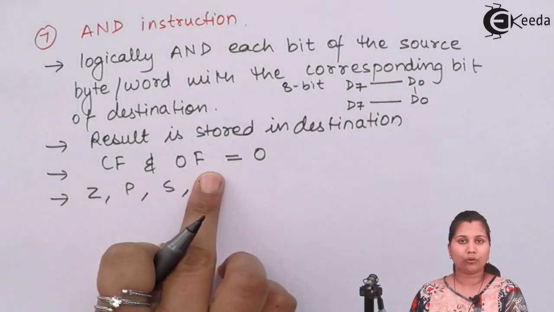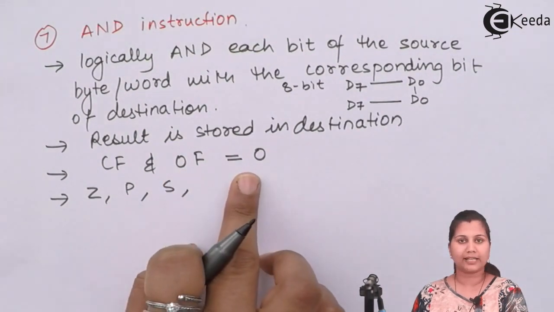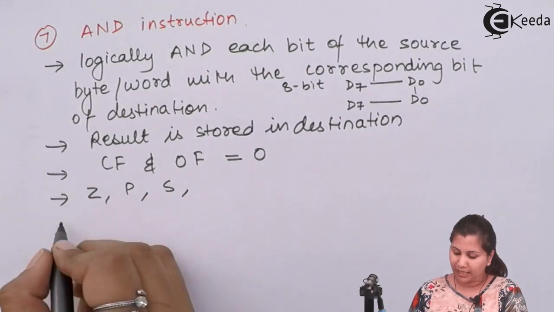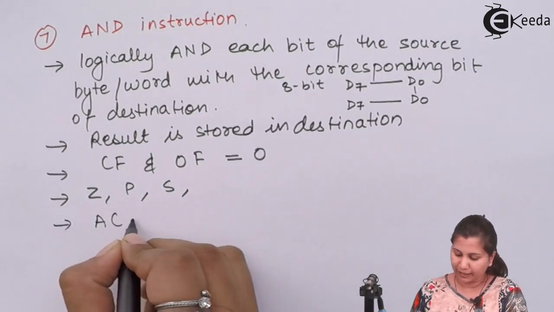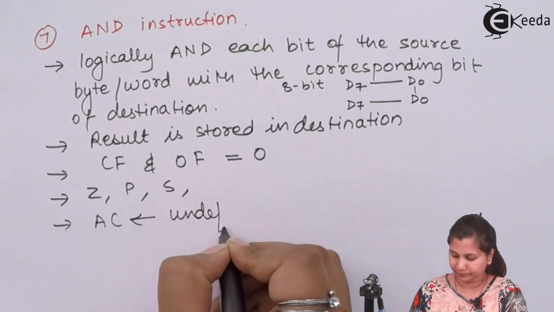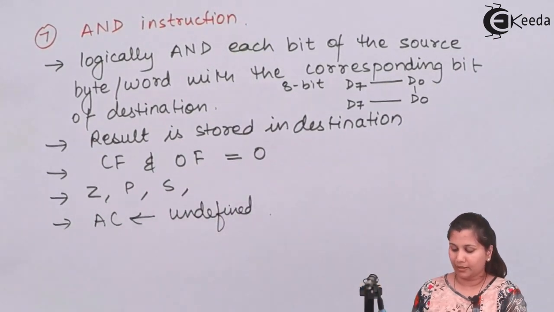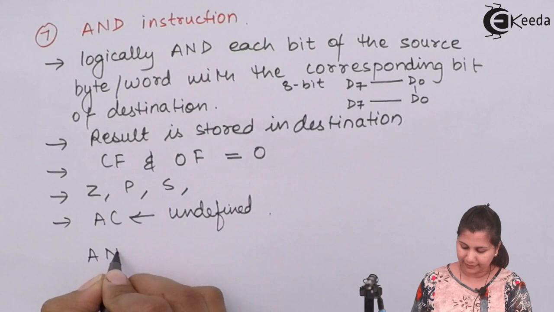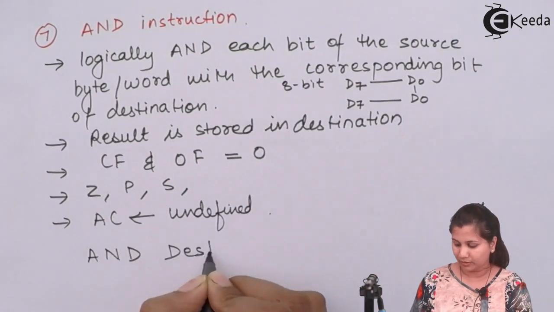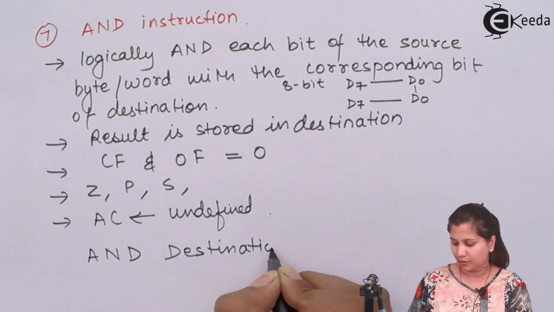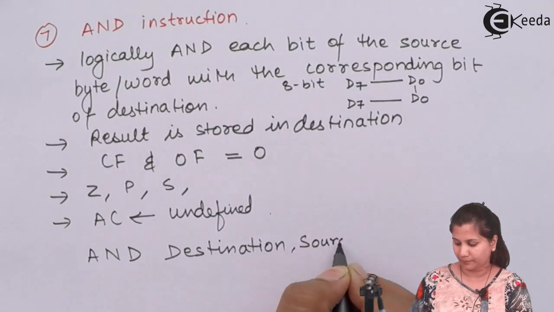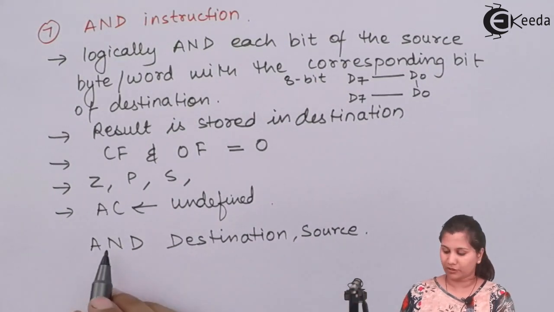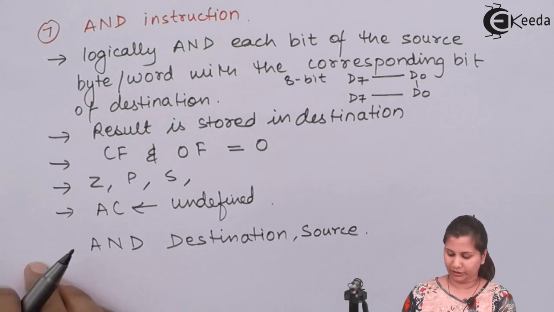Here the carry flag and the overflow flag are set to 0, the zero flag, parity flag and sign flag are affected, and the auxiliary carry flag is undefined. The general format of this instruction is AND, then destination, and then source. The destination and source are specified in the instruction and their bits will be ANDed with each other.